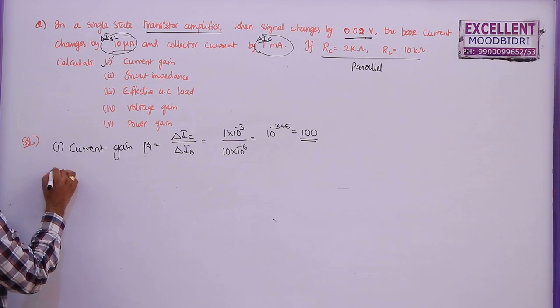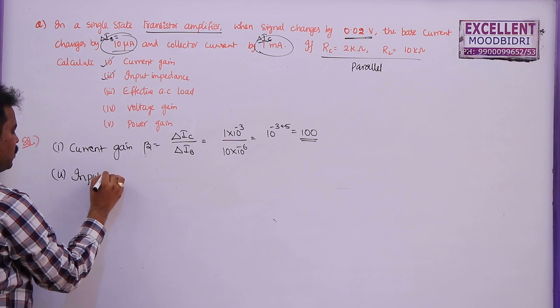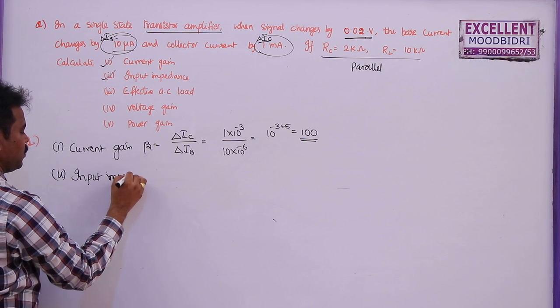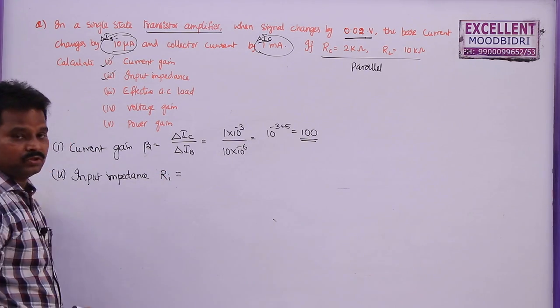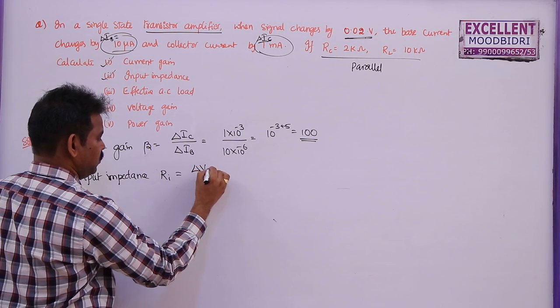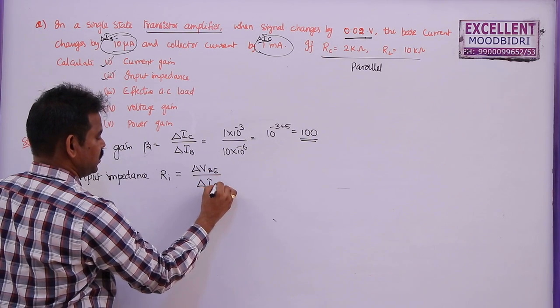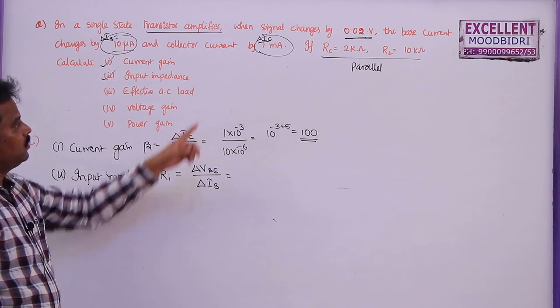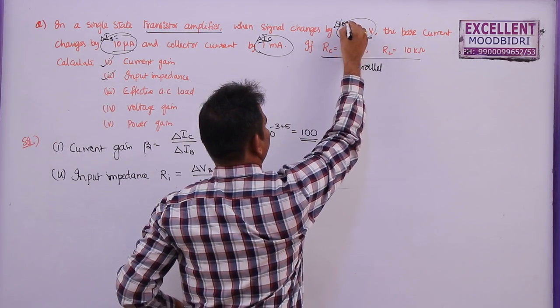The second one is input impedance, which is nothing but input resistance Ri, which is equal to change in input voltage, that is base emitter voltage, by change in base current. Here the signal changes by this much. This is nothing but delta VBE.